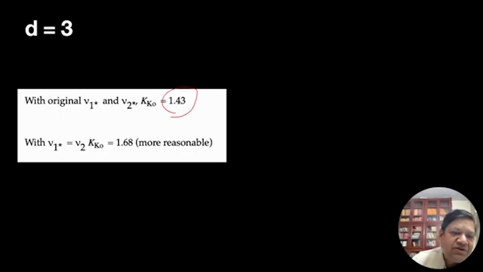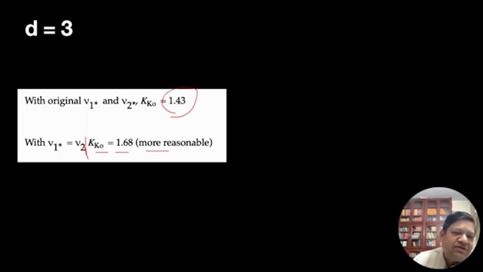But if I use another approximation: since in simulations we typically take both viscosities to be equal, nu1 and nu2, the viscosity should be the same. So I impose it. If that is the case, then the Kolmogorov constant will be 1.68.